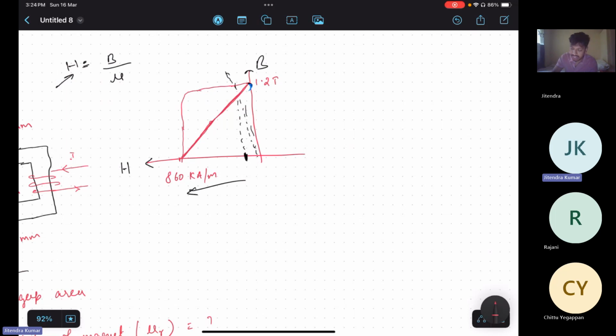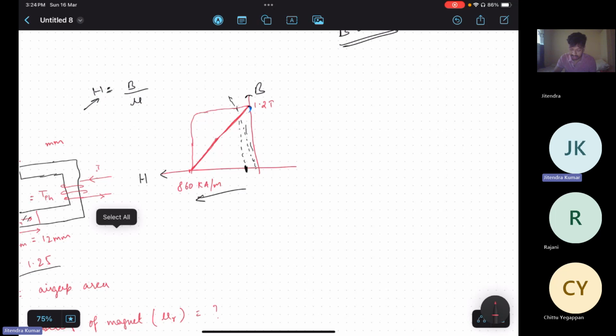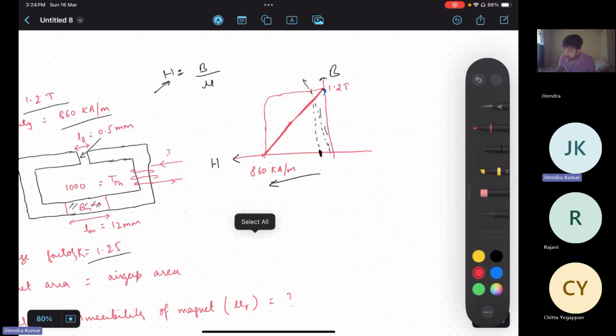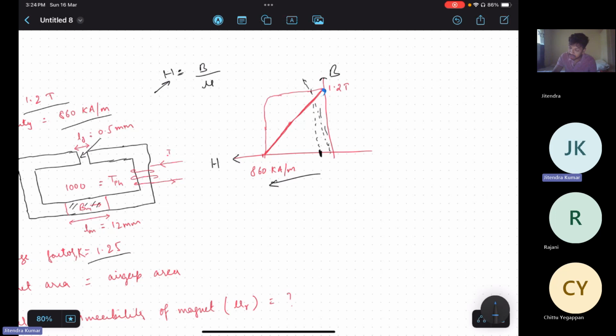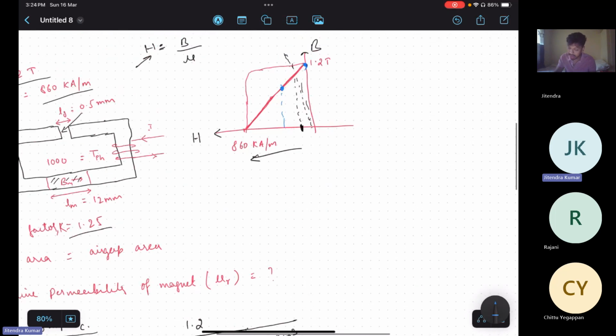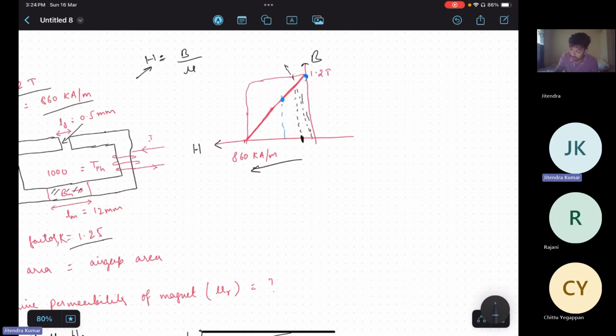This is the demagnetization line of the neodymium magnet here, right? Now, because of the air gap, to supply the energy or to establish the flux in the air gap, our B value has been shifted from this Br value to, let's suppose, this value. This value we actually calculated here, which came out to be 1.15 Tesla, but I'll explain why it is coming.